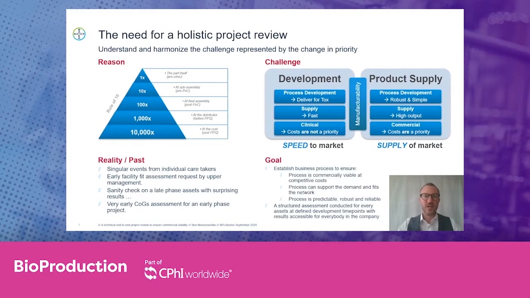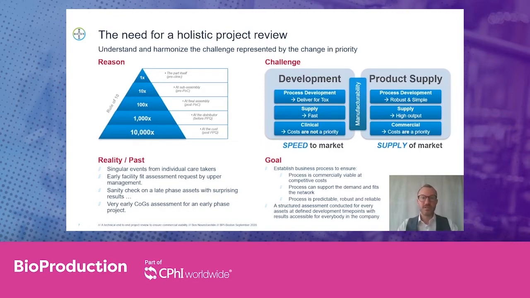So the goal and current practice is to establish something like a business process to ensure a commercially viable production process at competitive and optimized cost. And we aim for a process that can support the demand and fit the manufacturing network, while additionally it's predictable, robust, and reliable.